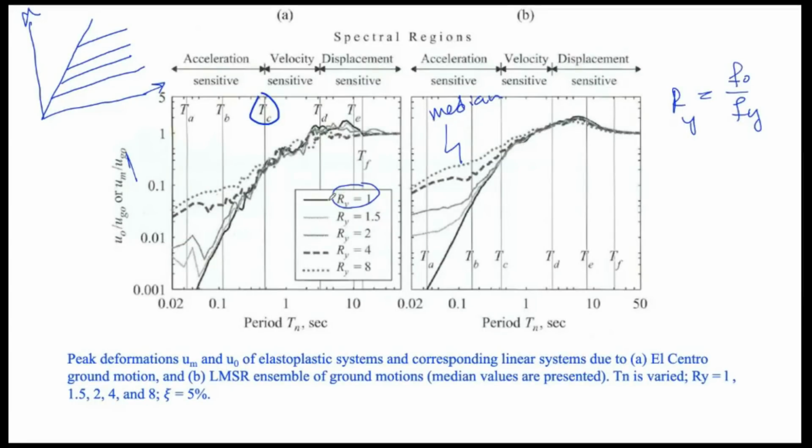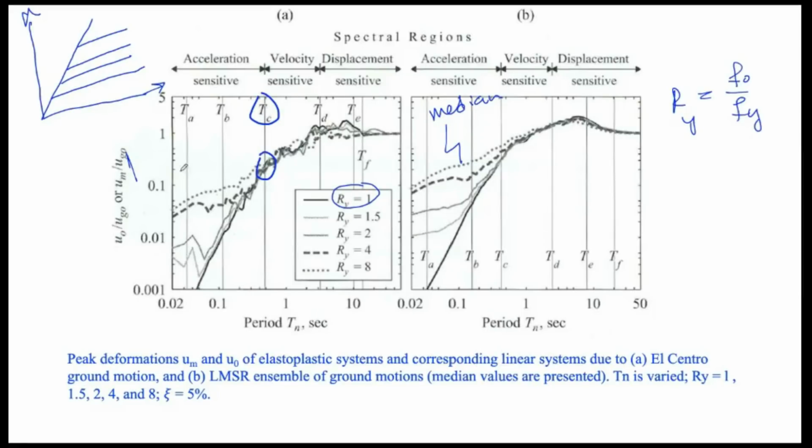Even though I'm applying a different reduction factor, the behavior is essentially the same. All of them are giving the same value regardless of how much strength is reduced. Okay. So whether the system behaves elastically or inelastically, the displacement is the same.